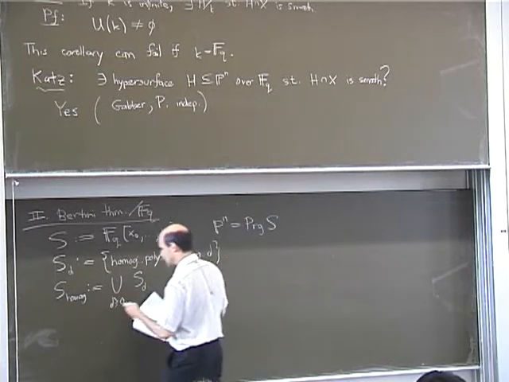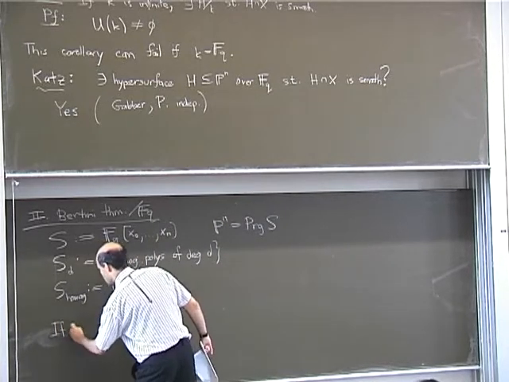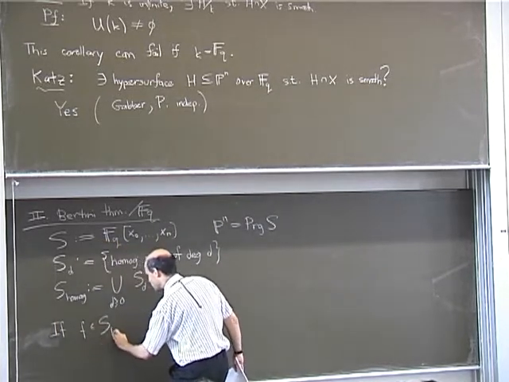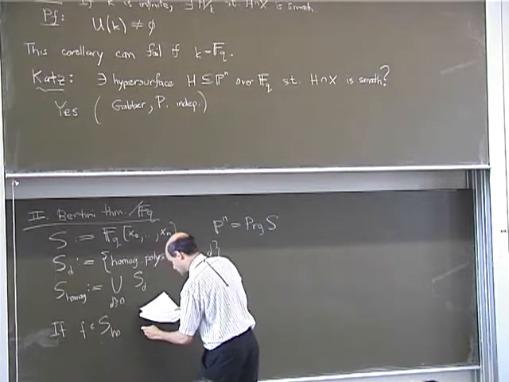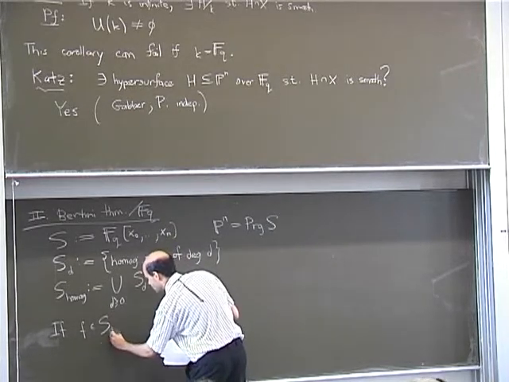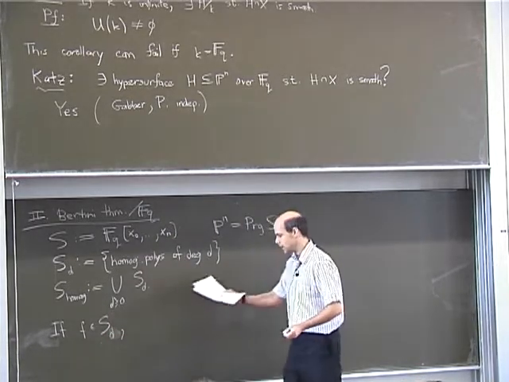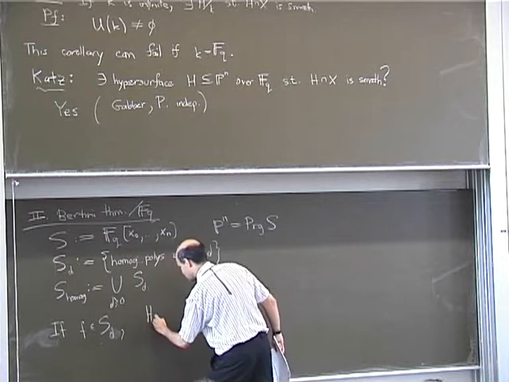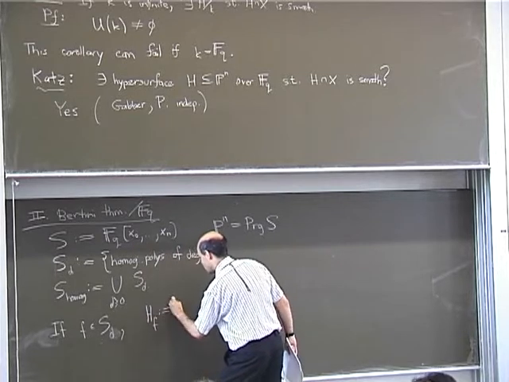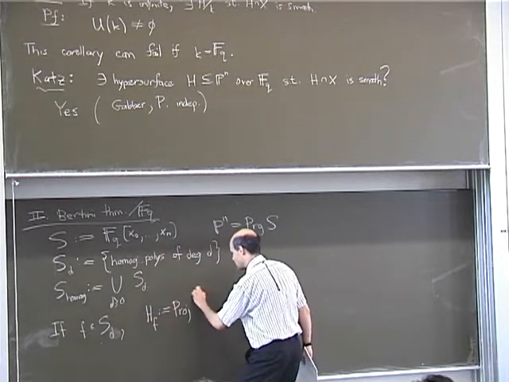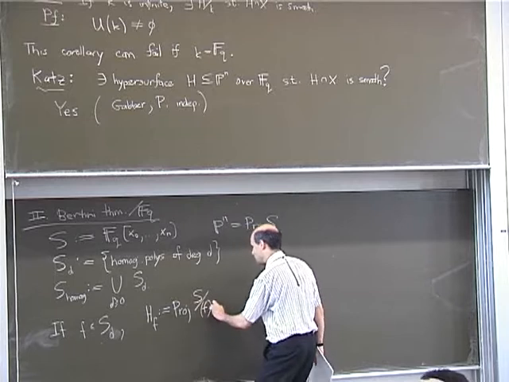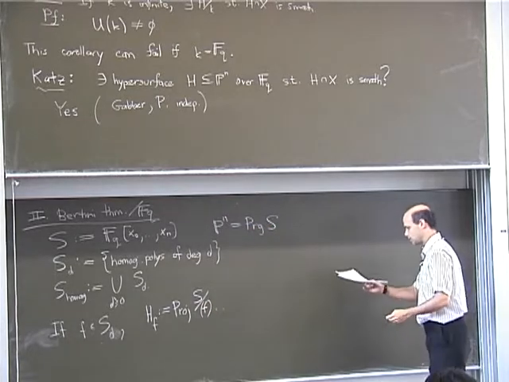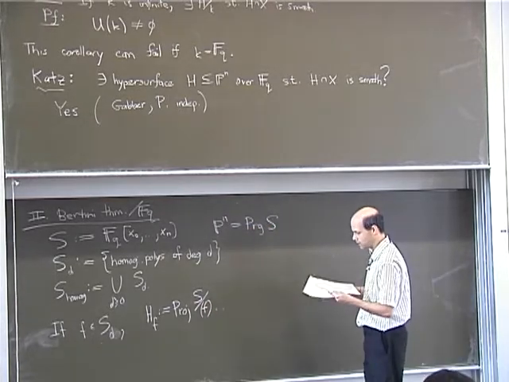And now for each homogeneous polynomial, let's say f in S_d, you get the hypersurface that it cuts out. As a scheme, it's Proj of S mod f. So that's just the hypersurface f equals 0 inside P^n.